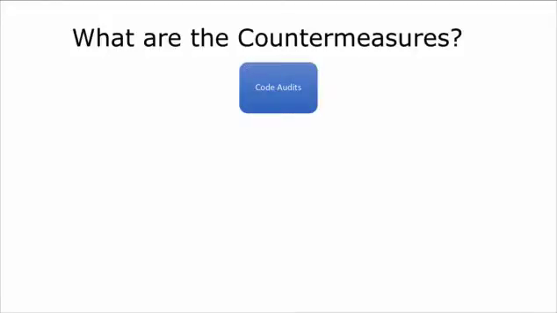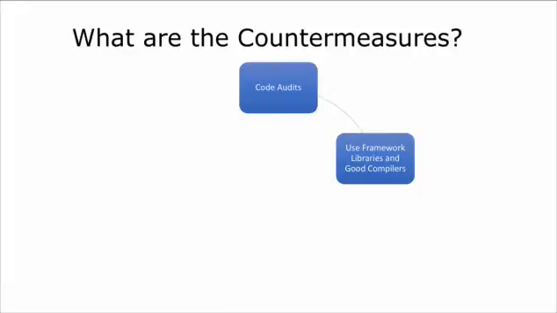Okay, so what do you want to do? Well, the first thing you want to do is write programs that do not have buffer overflow exploits in them. You do this by a form of code audits, and that's literally just making sure, if you're a software developer, to get your code reviewed before you actually submit it. It's just generally good software development practice to do that, not only for buffer overflows, but for a whole bunch of other vulnerabilities and efficiencies. The next thing you want to do is use framework libraries and good compilers.